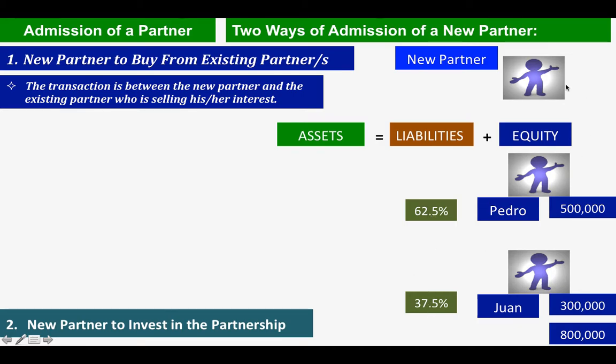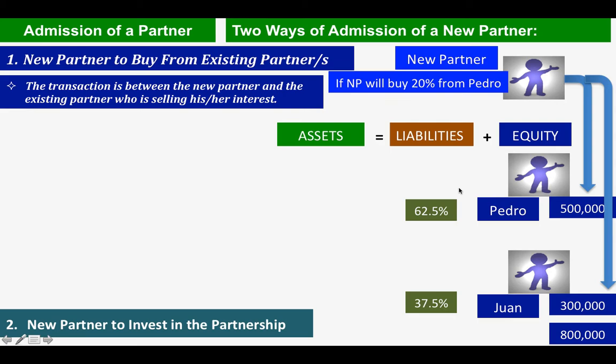The new partner can buy from Pedro, or from Juan, or from both of them. Assuming that the new partner will buy 20% of Pedro's interest, that is equivalent to 100,000, because Pedro has 500,000 and 20% of that is 100,000.